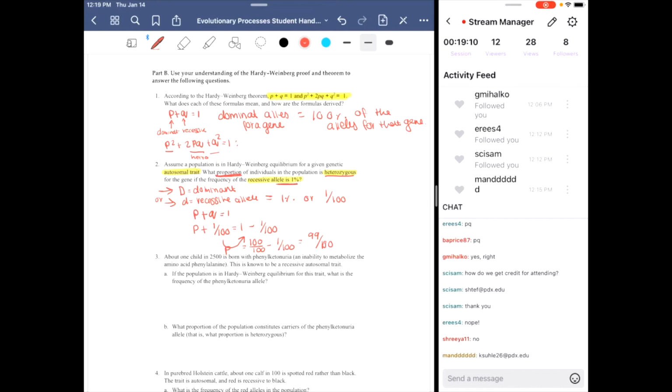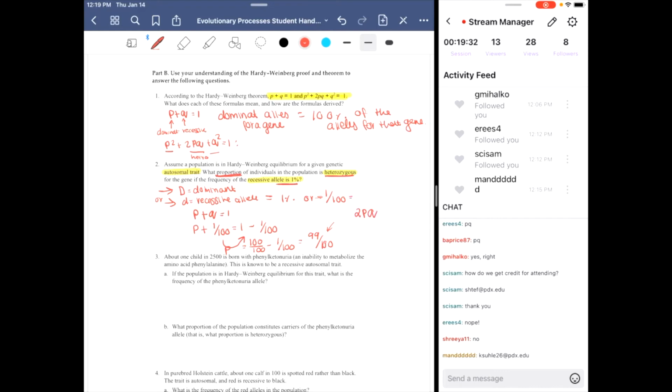However, the question is asking what is the heterozygous for that gene. So it's important, again, to read the question carefully because a lot of times it's easy to just leave off here, but the question is really asking for the heterozygous of that gene, which is 2pq.